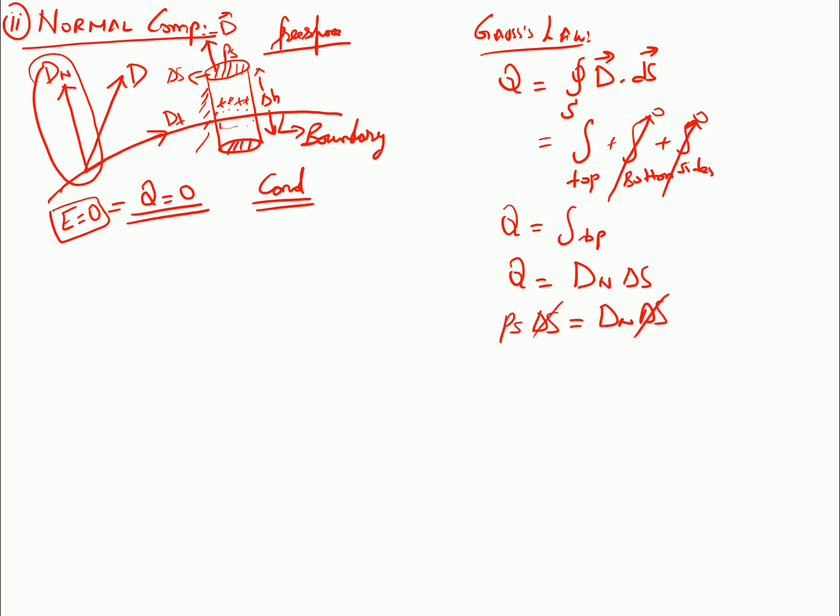We can get rid of charges, so the electric flux density normal just relies on the surface charges, which means that our electric flux density normal D of n will just be rho of S. The book also writes D of n as E of n times epsilon naught, which is equal to rho of S.